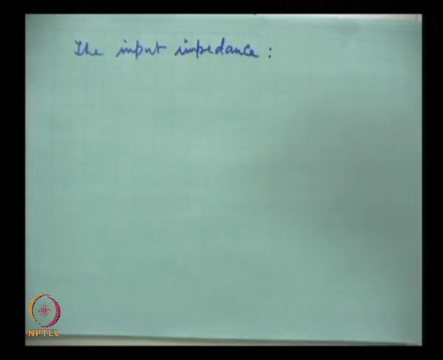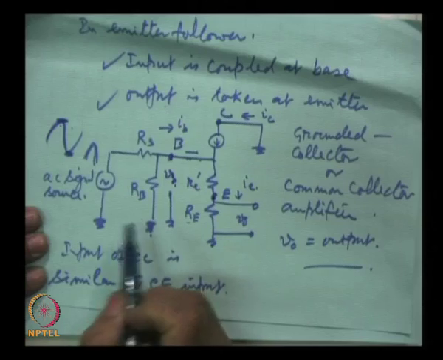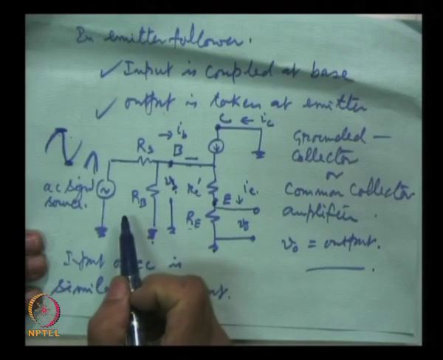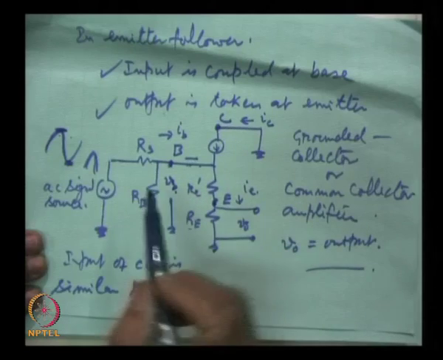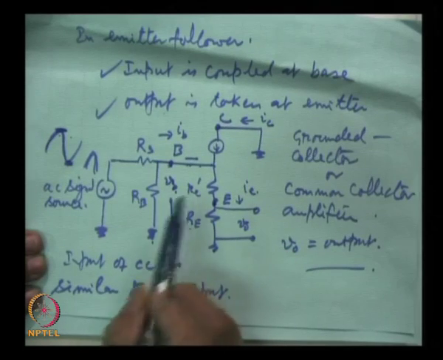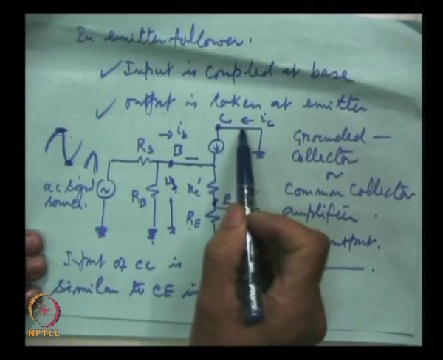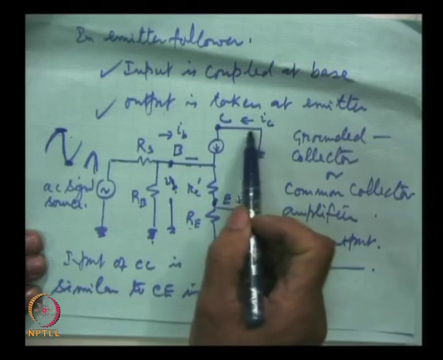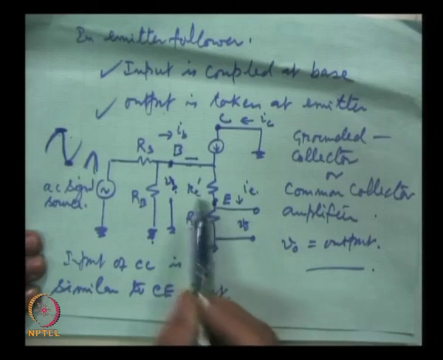Now, let us talk about the input impedance. If you look at this circuit, which is the AC equivalent circuit of the emitter follower, the difference between this circuit and common emitter circuit was simply that we take the output from the collector, but R e was still there.